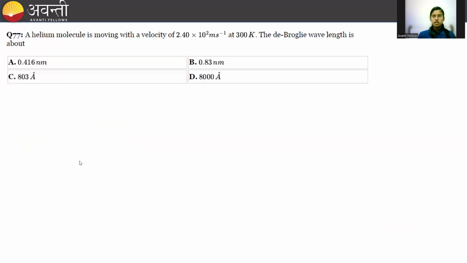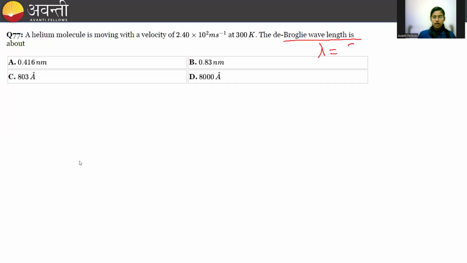Now coming to the next question, question number 77. A helium molecule is moving with a velocity of 2.40 into 10 to the power 2 meter per second at 300 Kelvin. The de Broglie wavelength is about. So what is de Broglie wavelength? It is lambda.